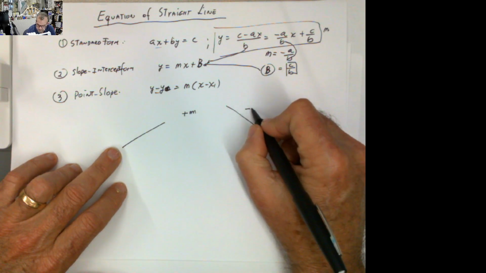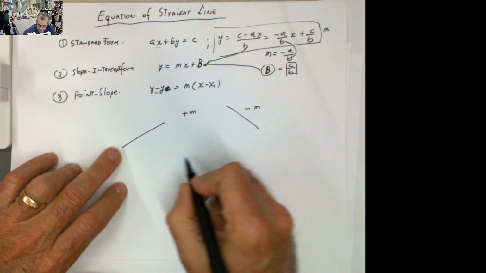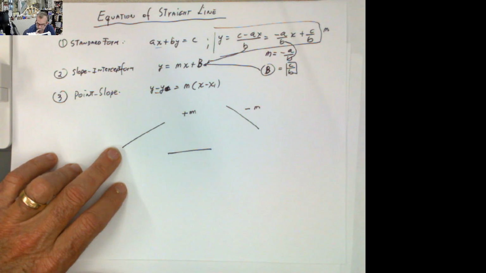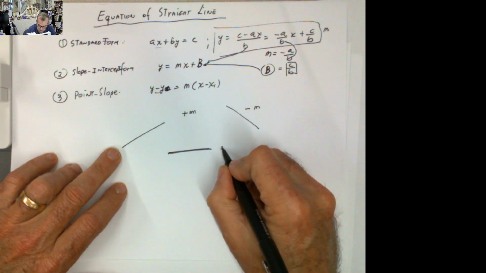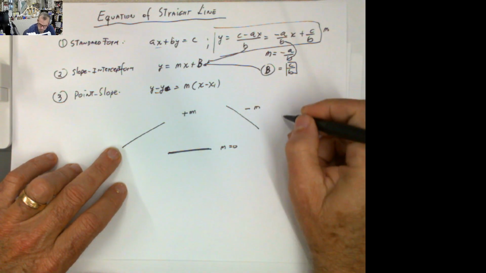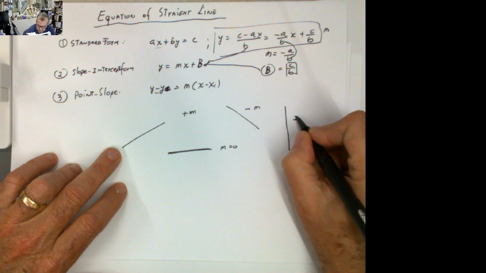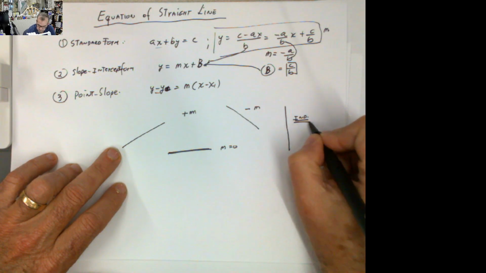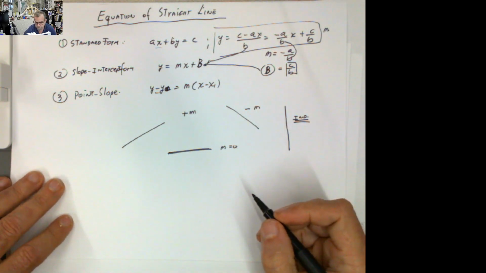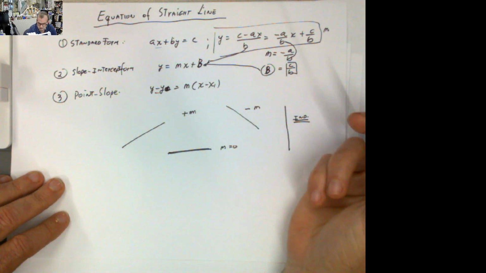If it's coming like that, the slope is negative. And if it's not changing, horizontal line, for example, then the slope is 0. Also can be a vertical line, but if it's a vertical line, then the slope is indeterminate or infinite, some people say. How do you do this and how do you work with this?